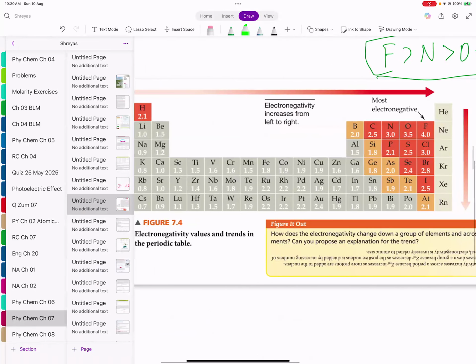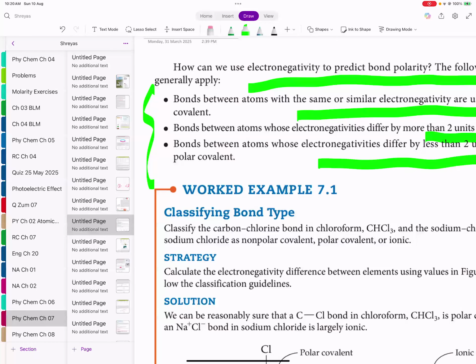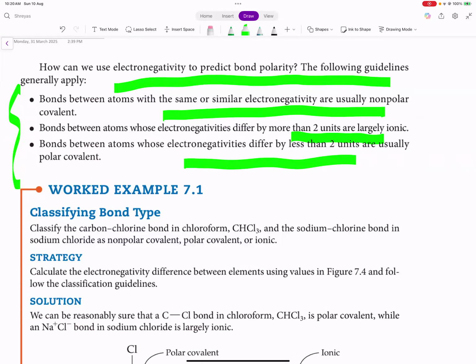Done? You have a periodic table, right? Yes, sir, so electronegativity is there. Check. No, sir, it's not there. No problem.